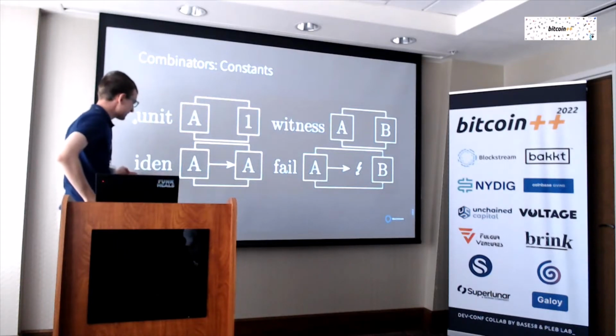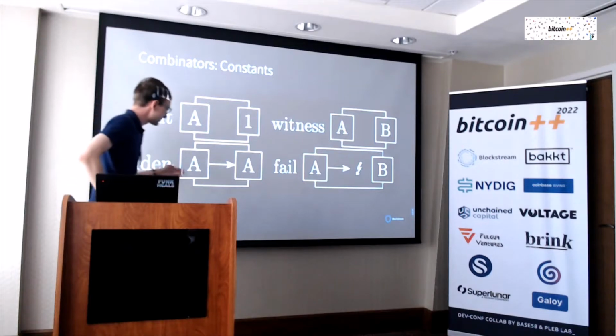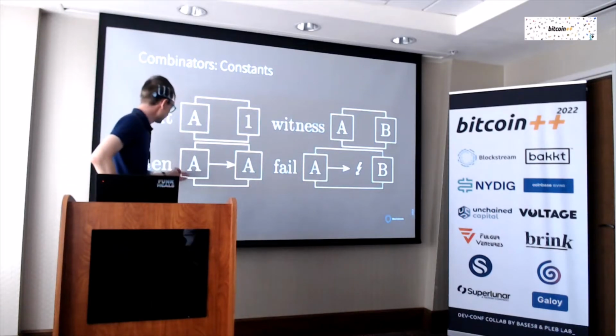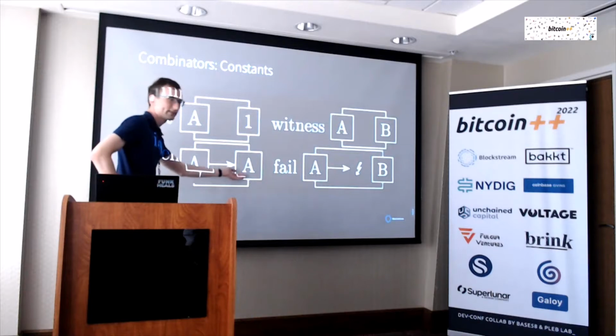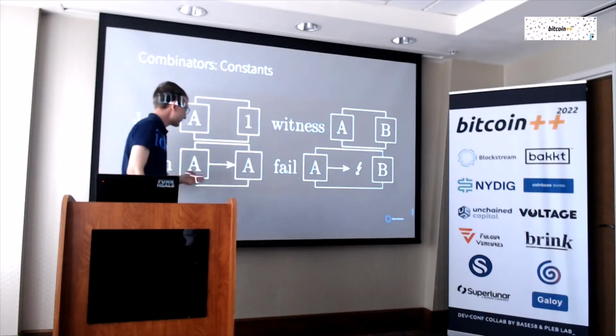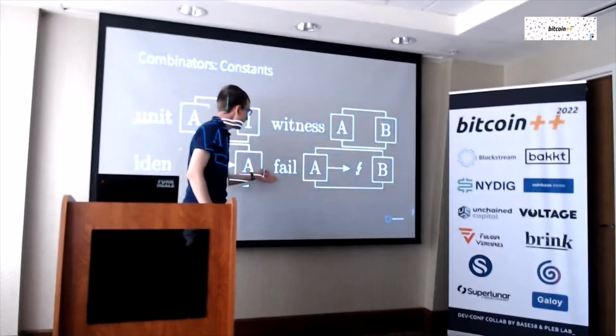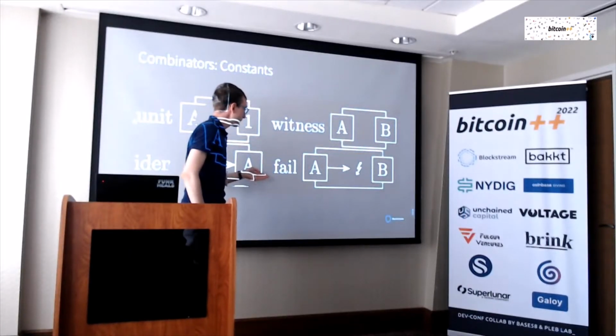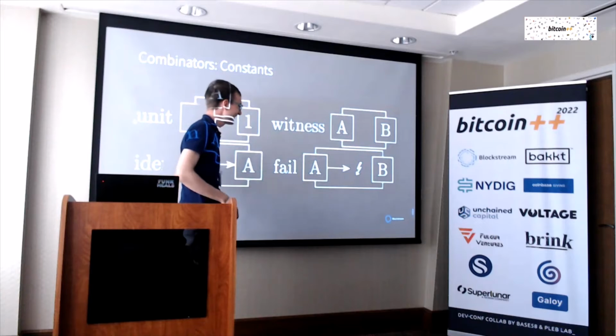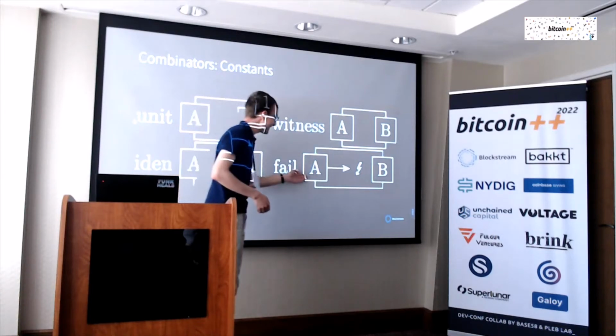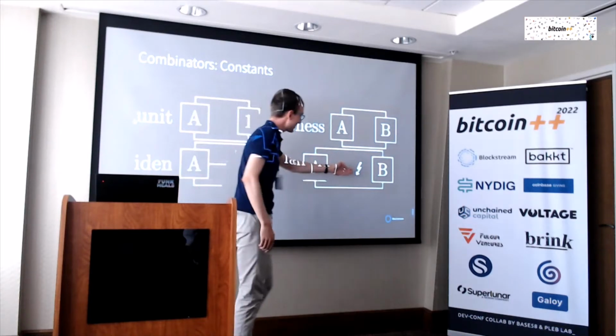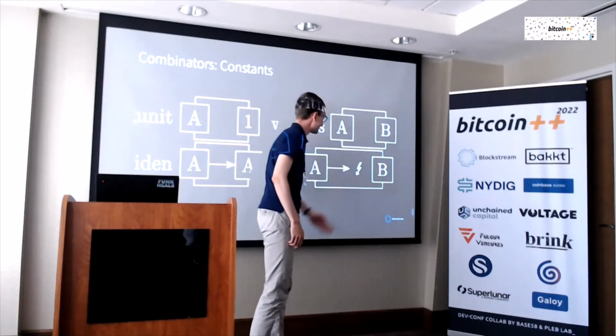The identity combinator just produces what it gets, right? So we take the input A, we produce the same. Quite normal, quite standard. And then the fail operator fails. So it takes anything and produces anything, it doesn't care, because it doesn't even reach that because it fails.